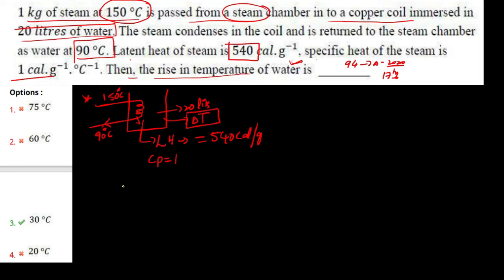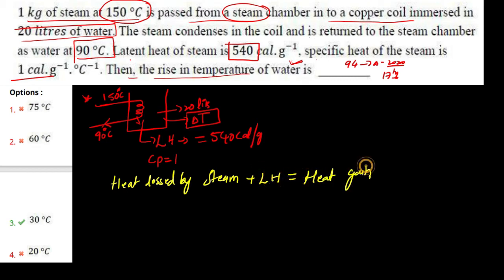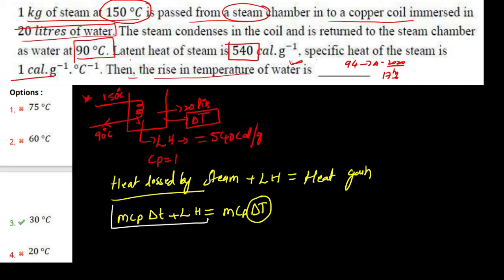Now we know that heat lost by steam plus latent heat is equal to heat gained. Okay. Now heat lost by the steam is given by m Cp delta T, plus the latent heat, which is equal to m Cp delta T. We have to find this delta T. This total term is for steam and this is for water.